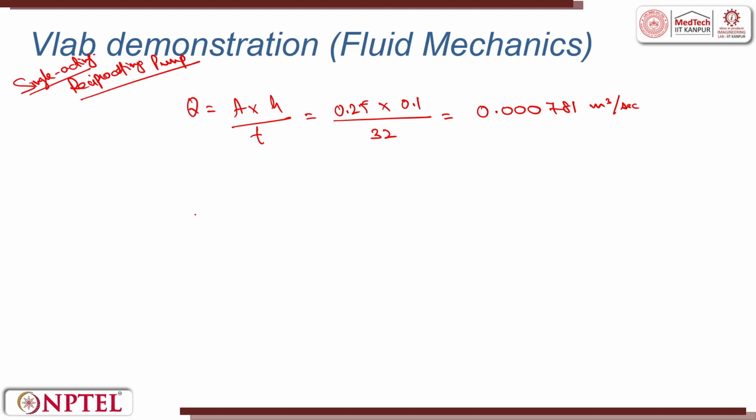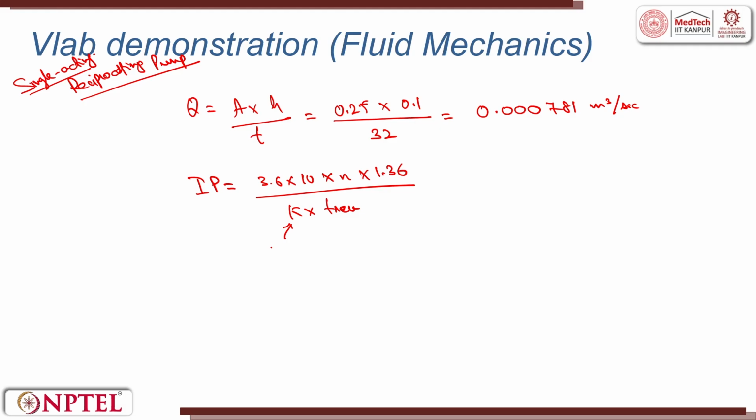And when I say input power, this is equal to 3.6 into 10 into number of revolutions into 1.36 by K into time for the revolutions.